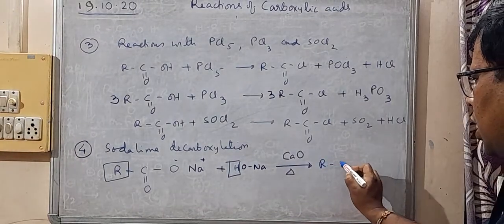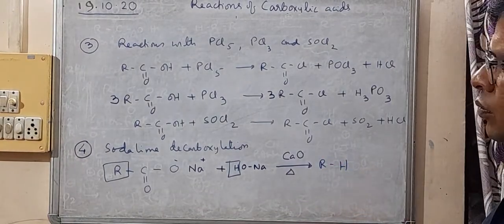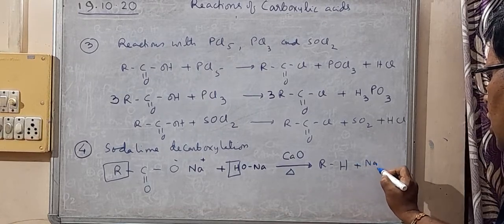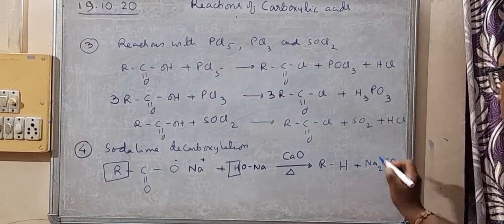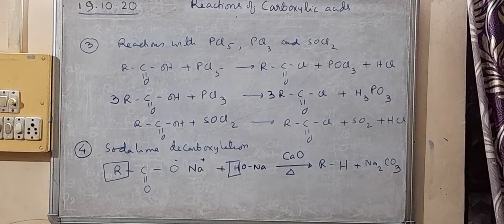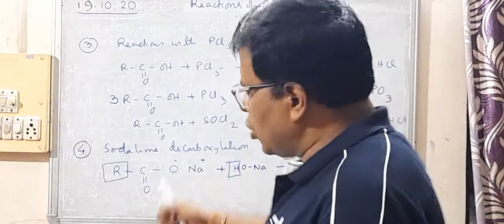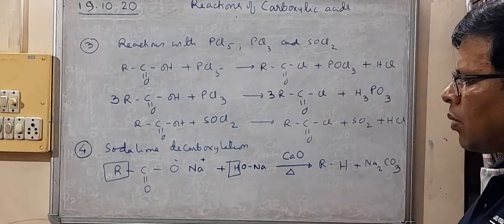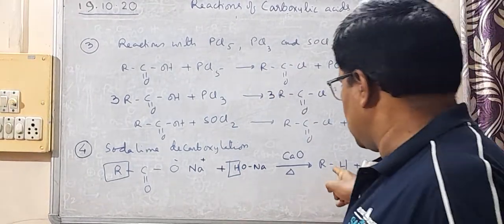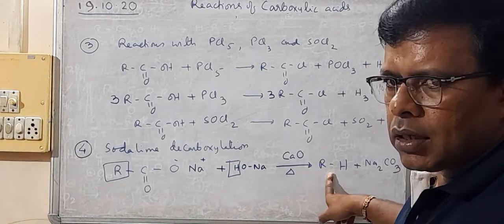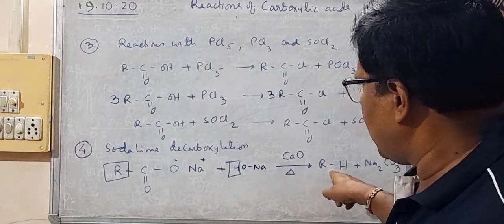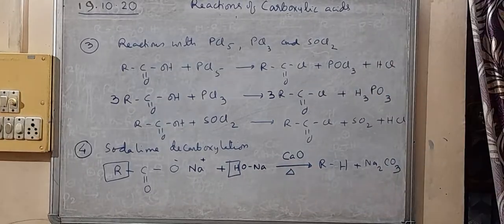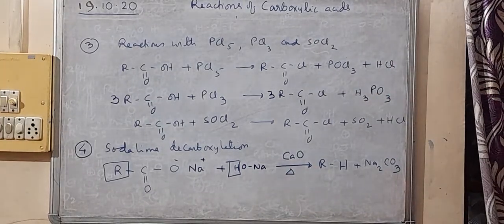You get RH, and the side product will be Na2CO3. This is a method we can use to decrease the number of carbon atoms by 1. If you see, the product alkane will have 1 carbon atom less. So this is soda lime decarboxylation.